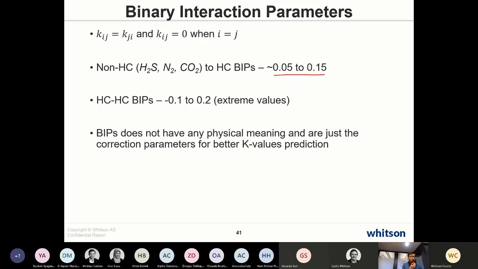Then hydrocarbon to hydrocarbon BIPs, these are kind of the extreme values. And again, as Curtis was saying, you can have a negative binary interaction parameter giving you this Lij, the correction term, greater than 1, for example. But generally the Kij is positive and the Lij is less than 1.